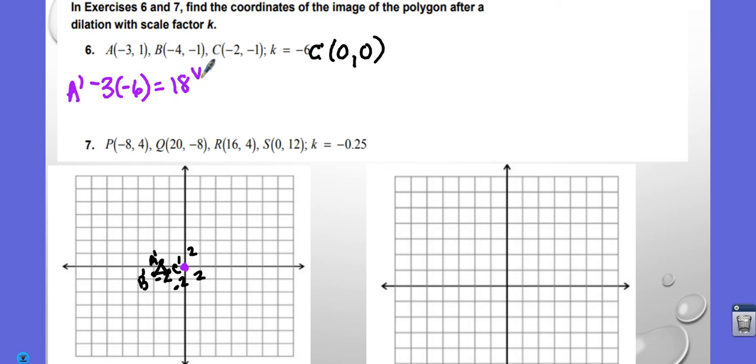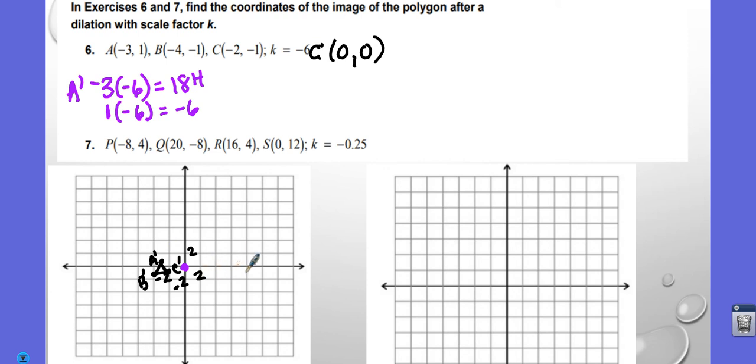Not vertical, that's my horizontal component. And then I'm going to look here and see that I went up 1. So I'm going to say +1 times -6, which is -6. So to graph this, I need to move to the right 18 and down 6.